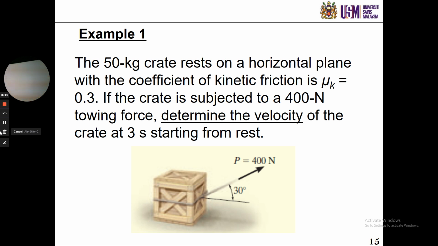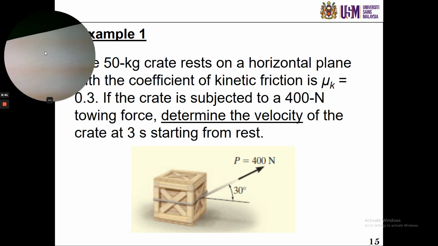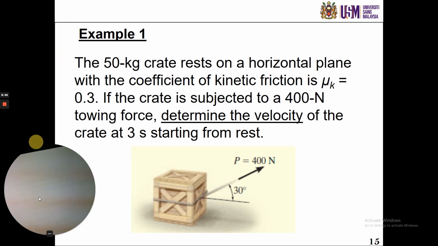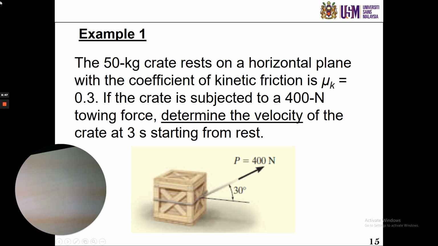The kinetic coefficient of friction equals 30%, or 0.3, and we need to determine the velocity of the crate at 3 seconds, starting from rest. Let me open this a little bit bigger. I hope we can see it. All right, this is good.